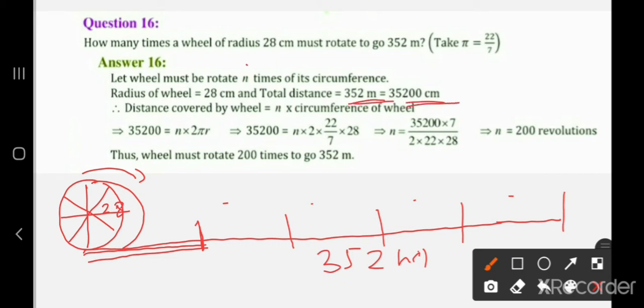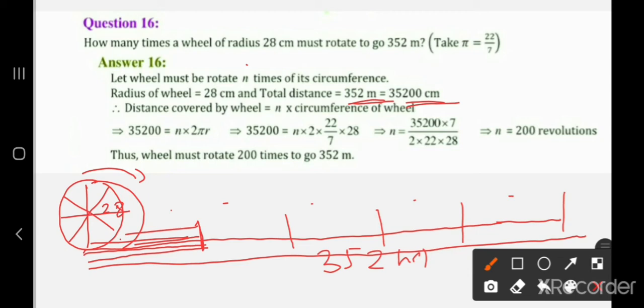So distance covered by the wheel is equal to n into circumference of the wheel. Whatever the circumference is, that into how many times. So n into circumference of the wheel is the distance covered.